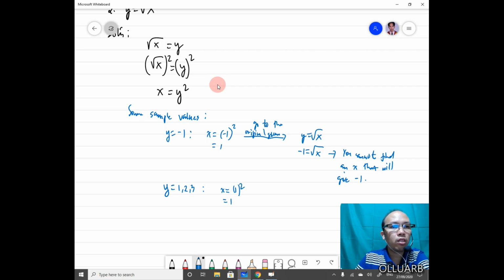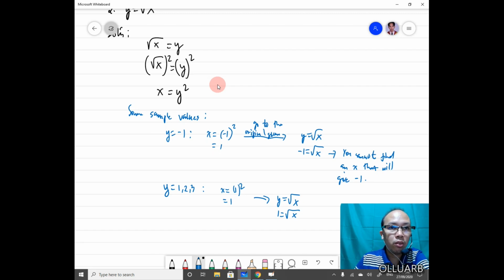you have x is equal to 1. If you go back to your original equation, if your y is 1, then actually you can find an x that will give a y value which is 1. Your x would be 1, and you will get y is equal to 1.